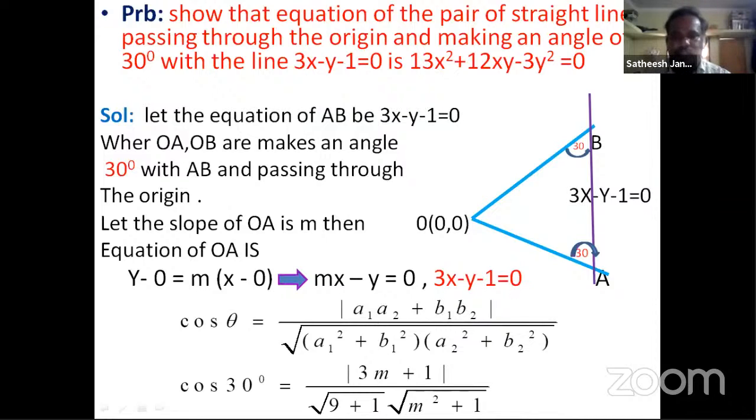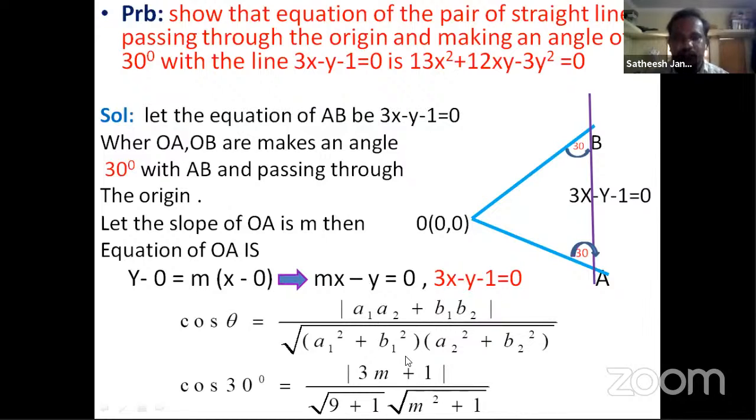The angle between these two lines is given as 30 degrees. Apply the formula cos θ, so cos 30 equals (a1a2 + b1b2) divided by the square root of (a1² + b1²) times the square root of (a2² + b2²). Here a1 is 3, a2 is m, b1 is the y coefficient, minus 1, and b2 is also minus 1.